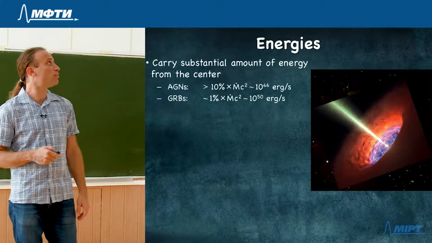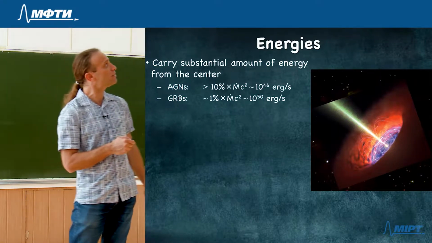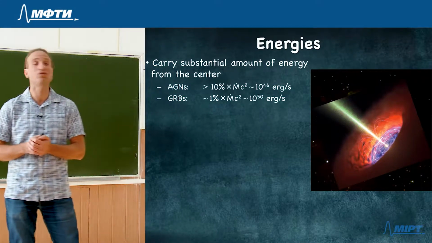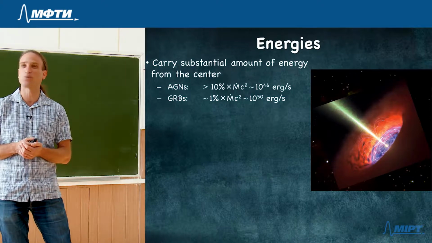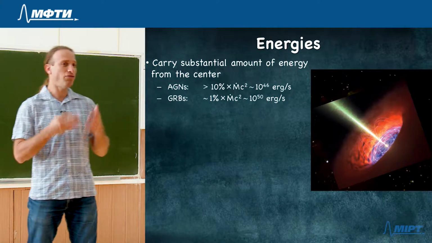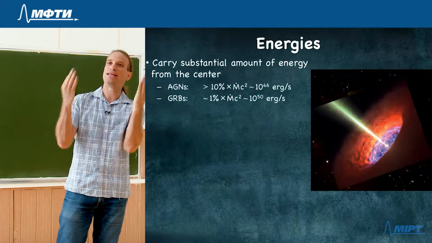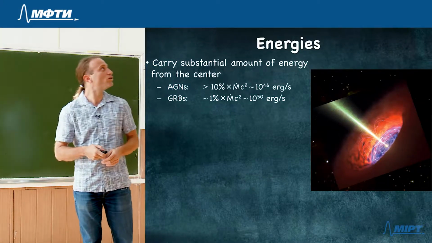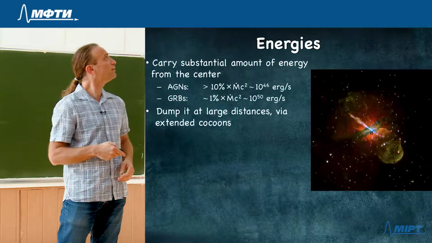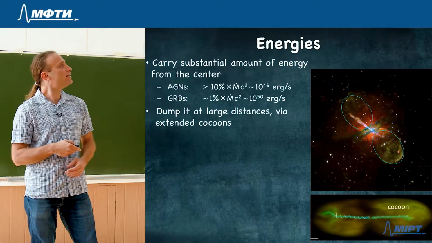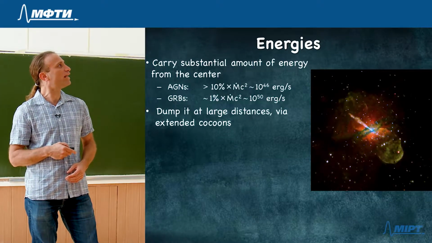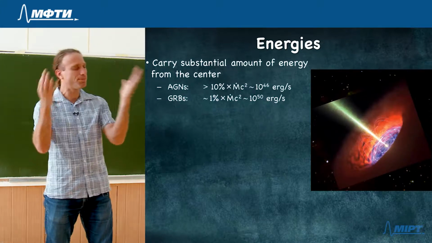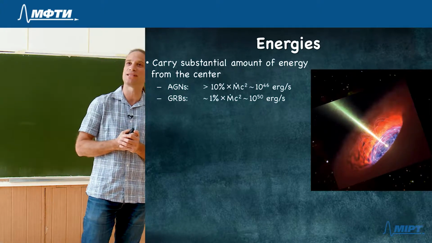In gamma ray bursts, it's about 1% of that. This comes out to about 10 to the 50 ergs per second. If you take this amount of energy inside the star, it is something like the entire binding energy of the star.